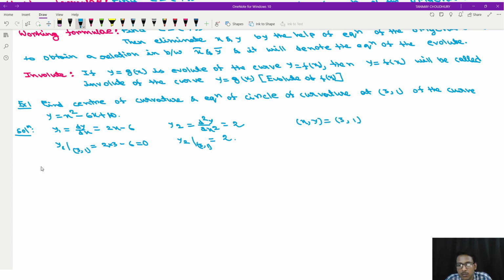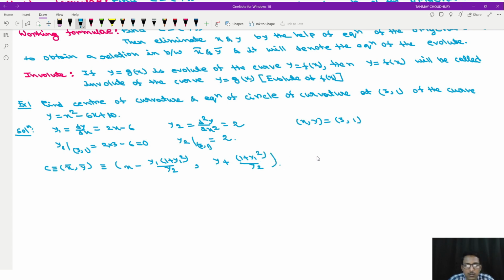So what will be the center of curvature? The center of curvature is x bar and y bar. Then we know that x bar was nothing but x minus y1 into 1 plus y1 square divided by y2, and y bar was y plus 1 plus y1 square divided by y2.